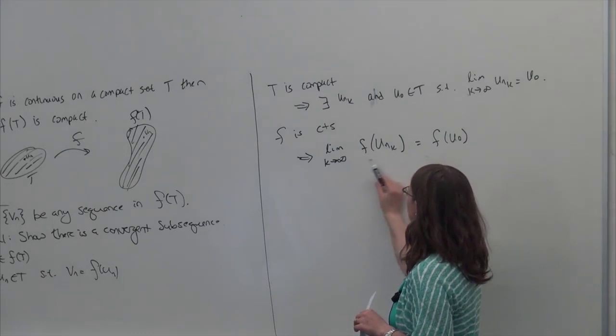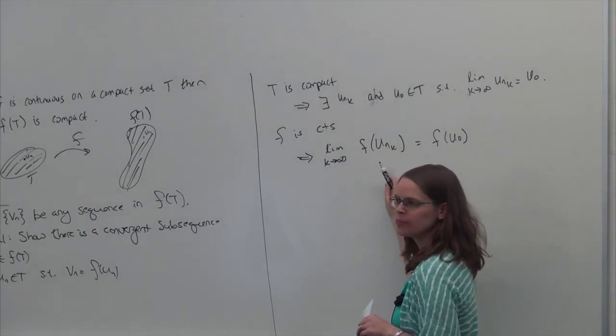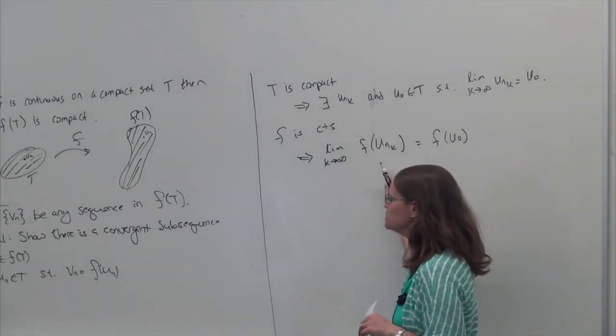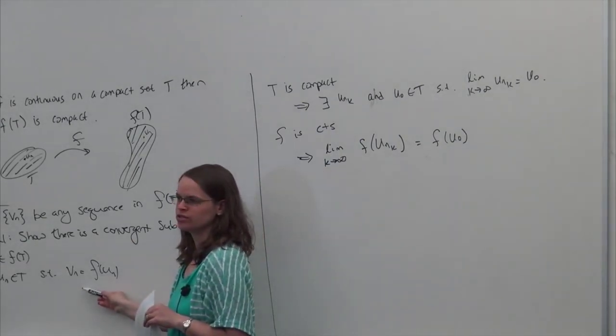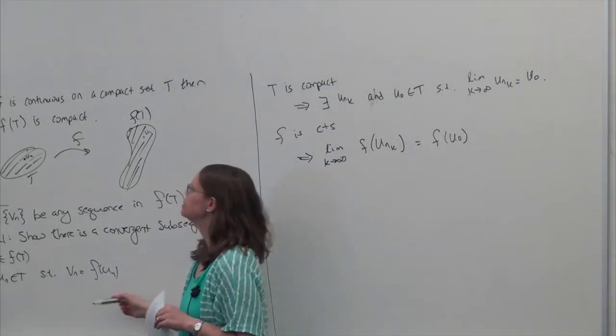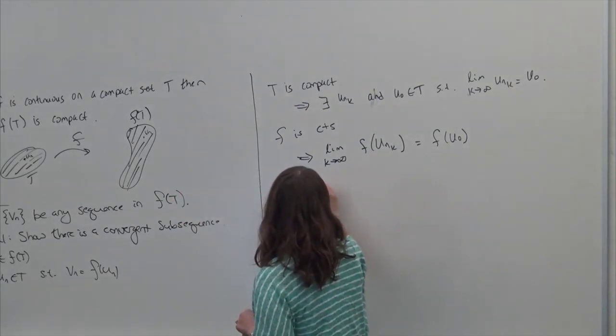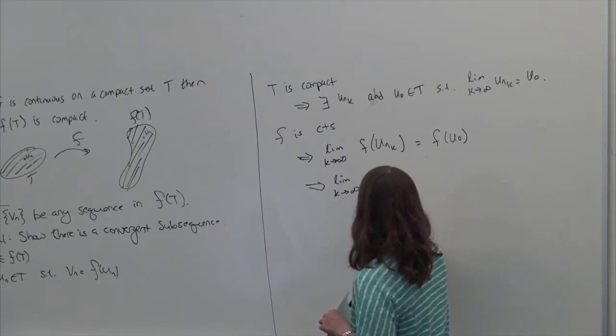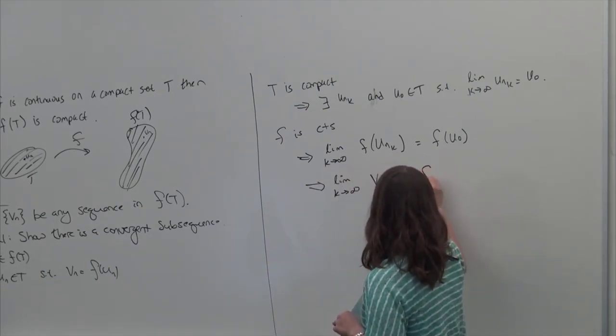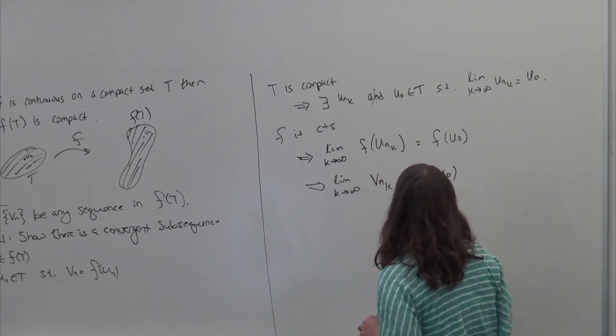Well, these f of u_nk are not some new objects that have just popped up at this moment. They, of course, correspond to a subsequence of this original sequence that we took, right? So this is exactly equivalent to saying that the limit of this v_nk is equal to f of u naught.